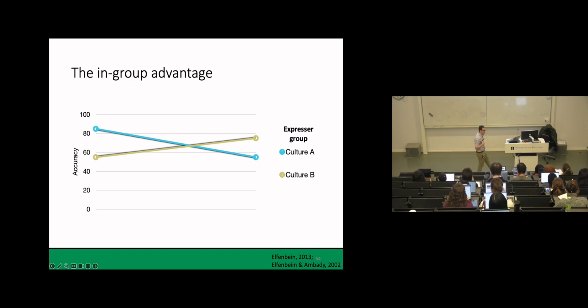So I'm better at recognizing emotion expressions of people from my in-group. And this goes both ways. So if I'm from culture B, I'm going to be better at recognizing expressions of someone from culture B than culture A. Right? So we have this in-group recognition ability.